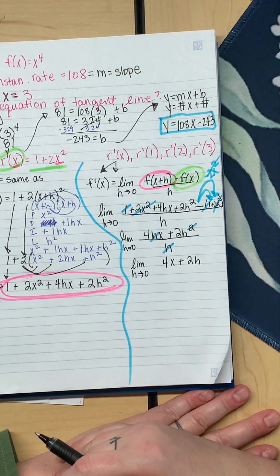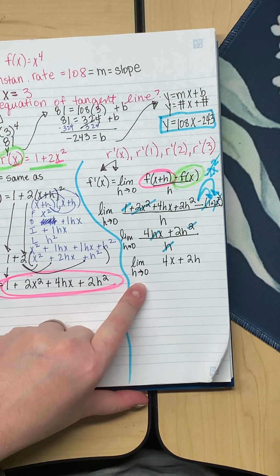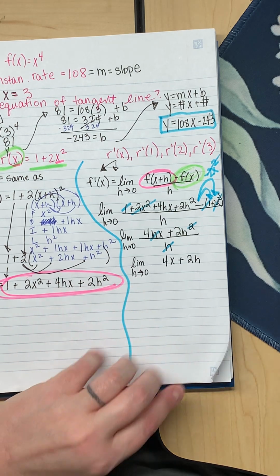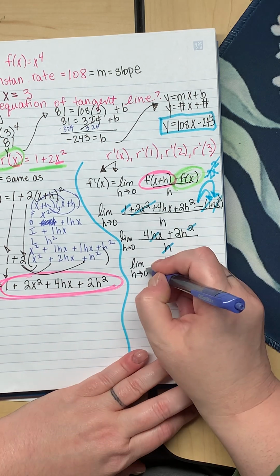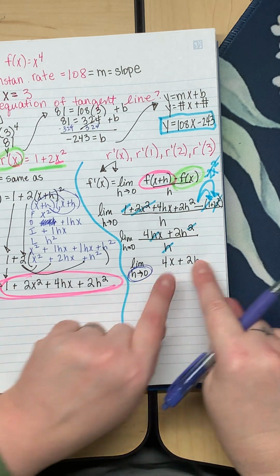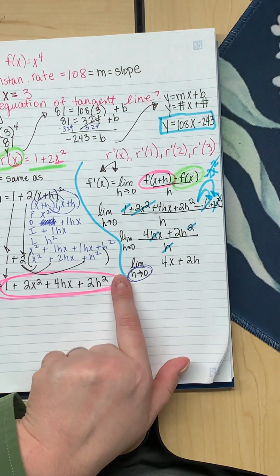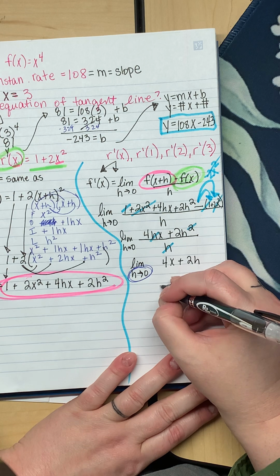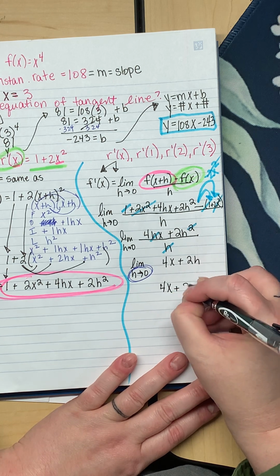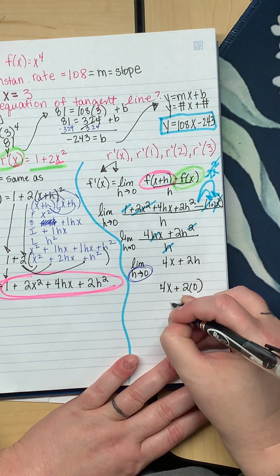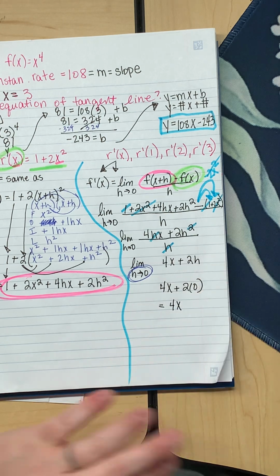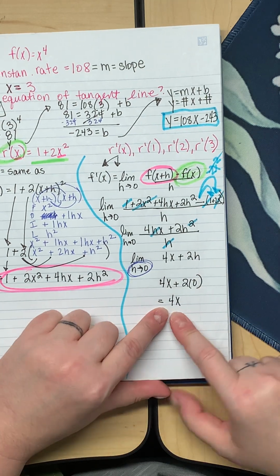Then the very last step is to plug in 0 for this letter h. So if I plug in 0 for h, I get 4x plus 2 times 0, and that's just 4x. Well, let's figure out what the heck this was equal to.